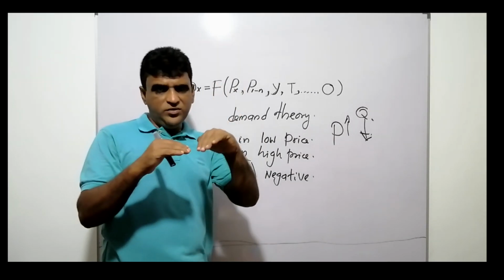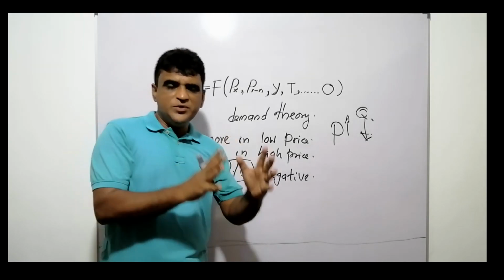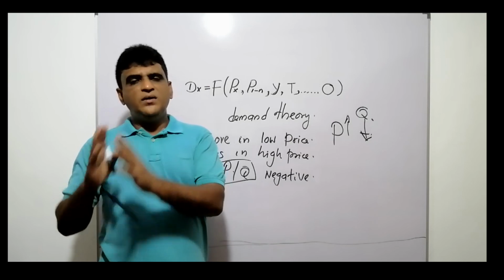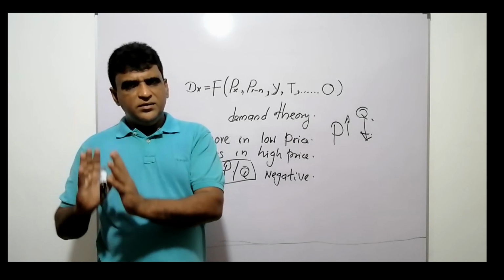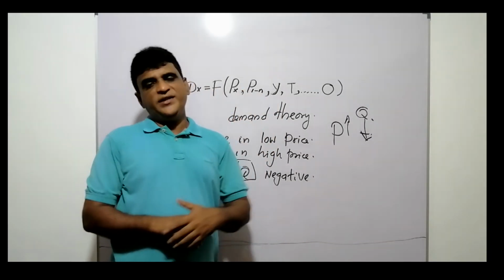When price is going down, quantity goes up. That means consumers are buying more at low prices and less at higher prices. That is the demand theory.